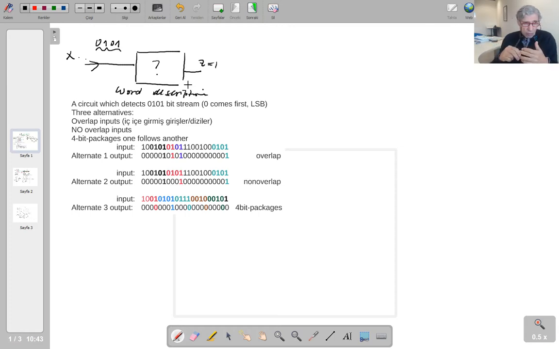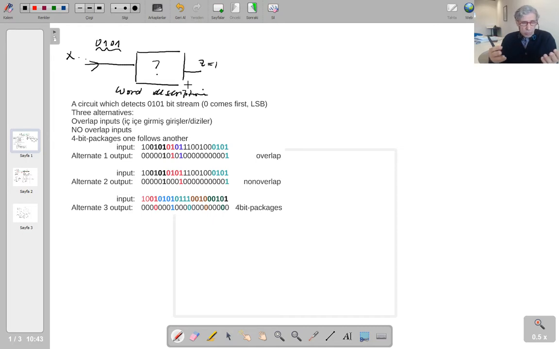So if we draw different state diagrams, that means you're going to design different things to do the job. Maybe it's not going to do the job that you are looking for. So how can I separate those? So I am going to give you an example to find out the possible alternatives for this sequence detector.